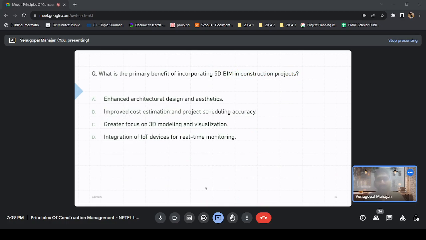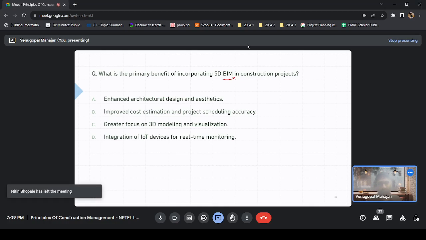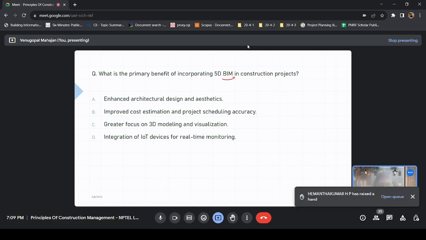Coming to some data-driven part: what is the primary benefit of incorporating 5D BIM in construction projects? What is BIM? What is 5D BIM? Is anybody not familiar with BIM? The options include integration of IoT devices for real-time monitoring.